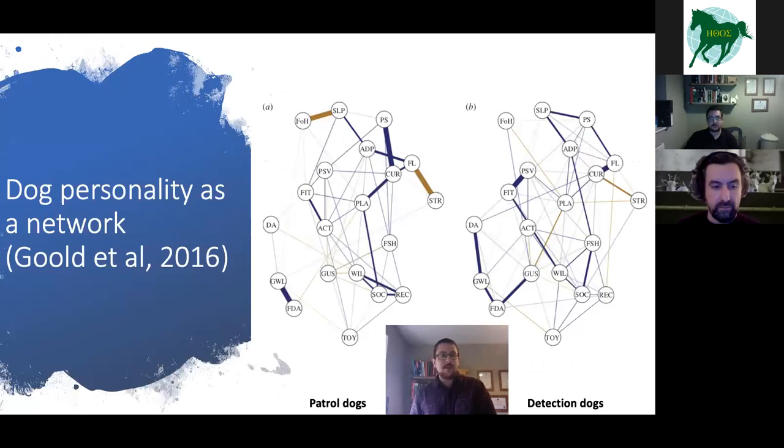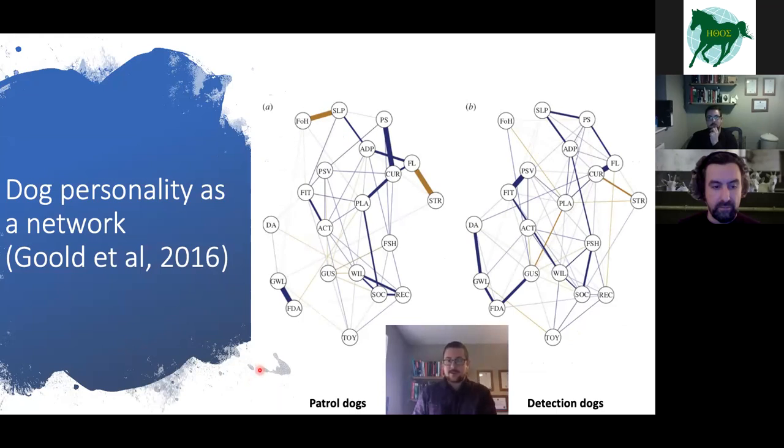I'm not going to spend too long talking about this, but it's worth mentioning because the first application of this network approach in non-human animals, to my knowledge at least, is this paper by Gould in 2016, where he looked at dog personality as a network in patrol dogs and detection dogs.